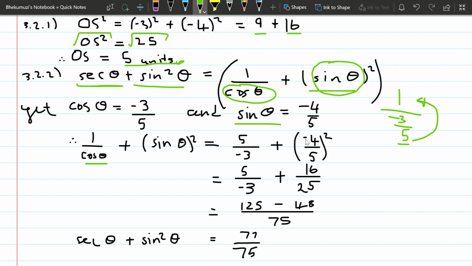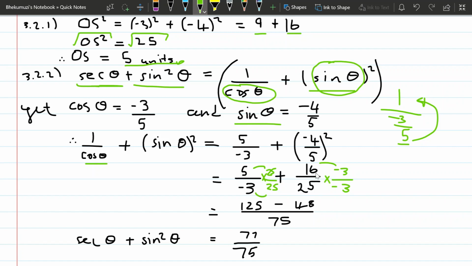So -4 to the power 2 is 16, positive 16. 5 to the power 2 is 25, and then we have 5 divided by -3. You can calculate this by multiplying 25 on the numerator and denominator for this fraction, and for the other fraction we can say it's -3 over -3, and that would be -16 times -3.